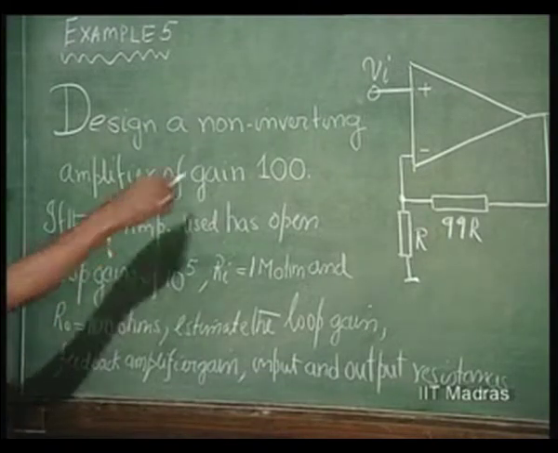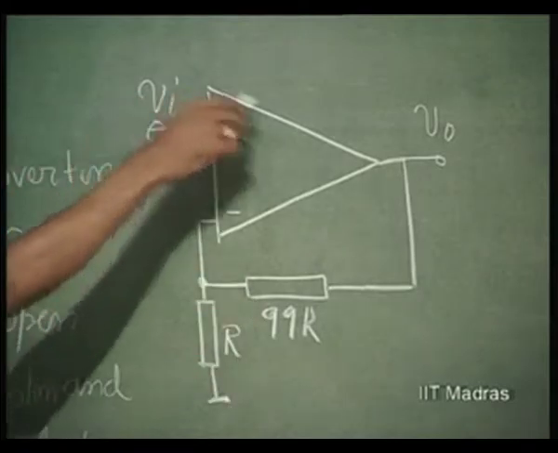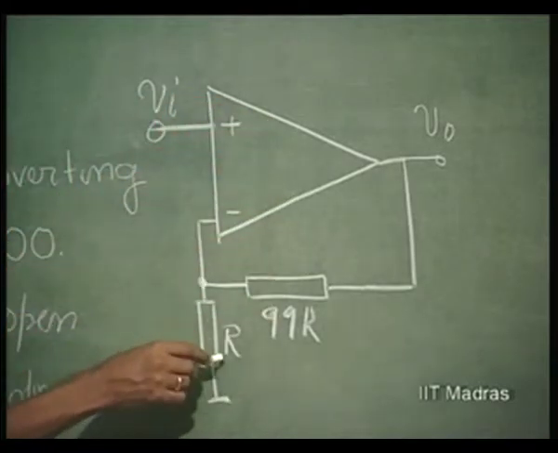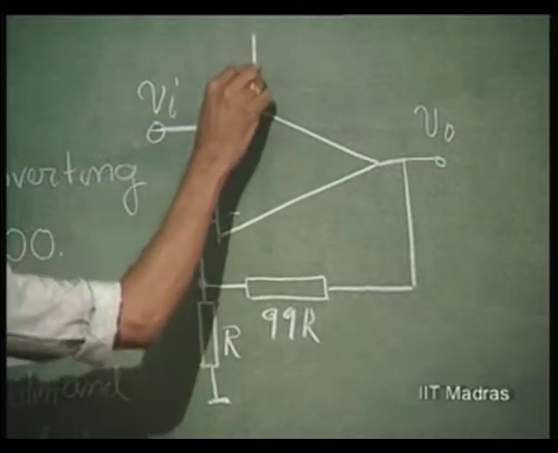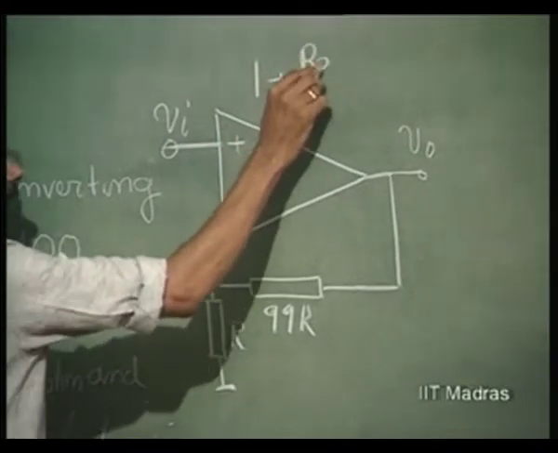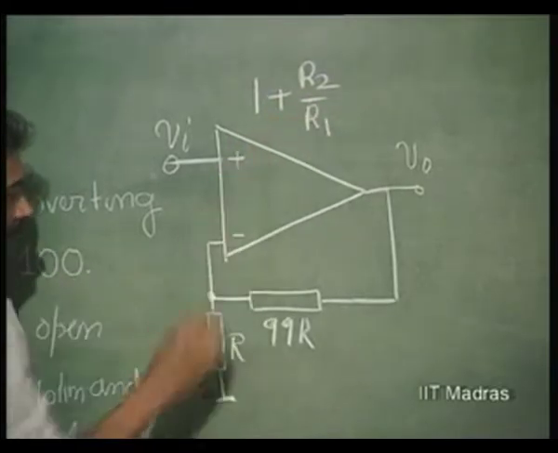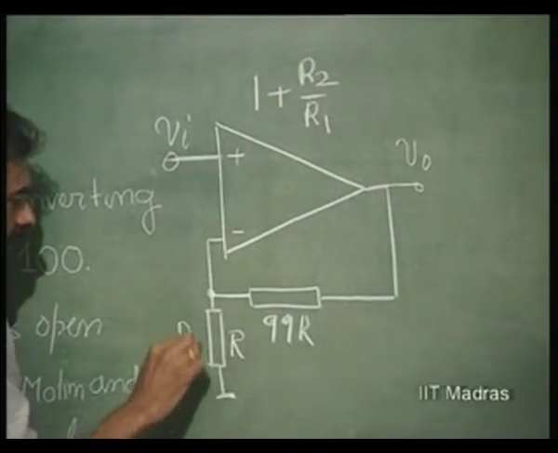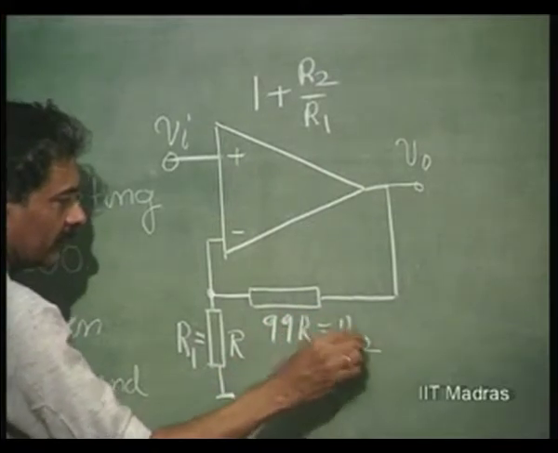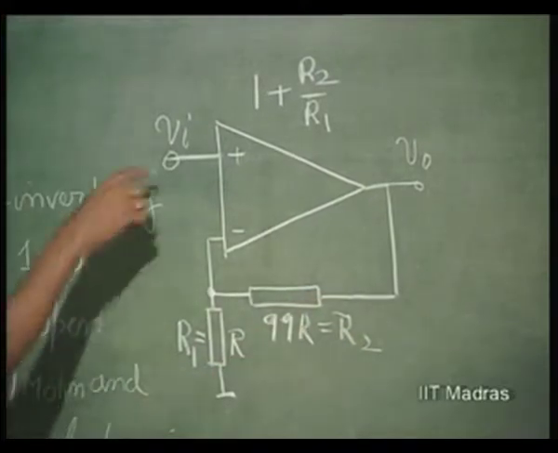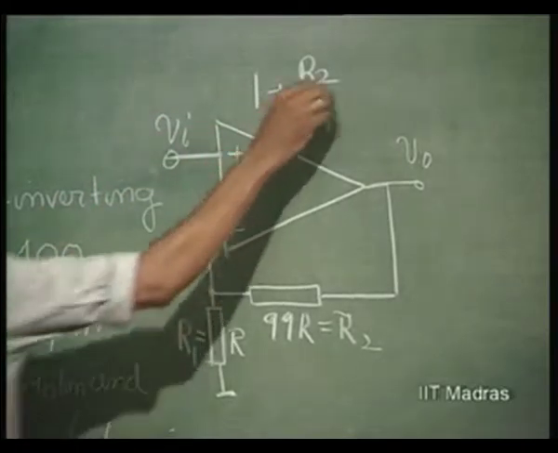Now you can see the circuit. It should be a non-inverting amplifier, so H feedback is given. So gain should be 100. That means gain is actually 1 plus R2 over R1, where R1 is equal to R. This is actually R2. So 1 plus R2 over R1 is equal to 100.